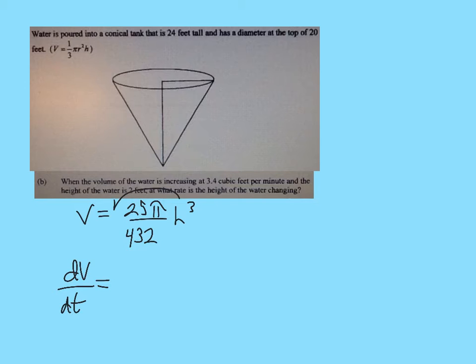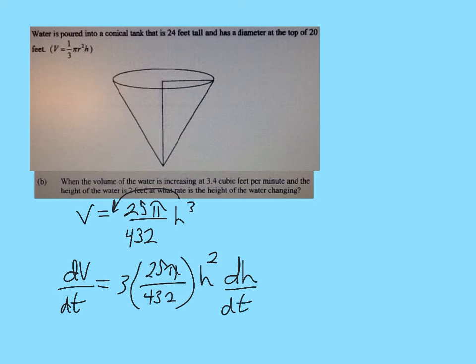I'm going to multiply this down, and we get 3 times 25 pi over 432. Now you'll always have your calculator with you, so don't forget about that. And we want dh/dt. So there's our implicit differentiation with respect to time.